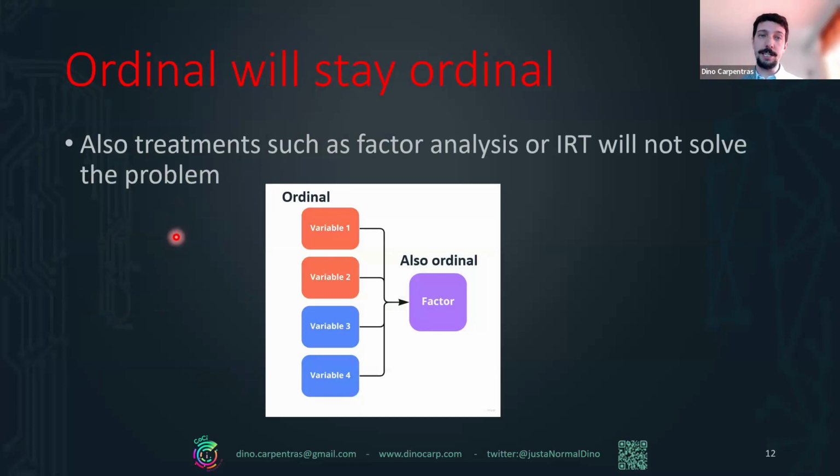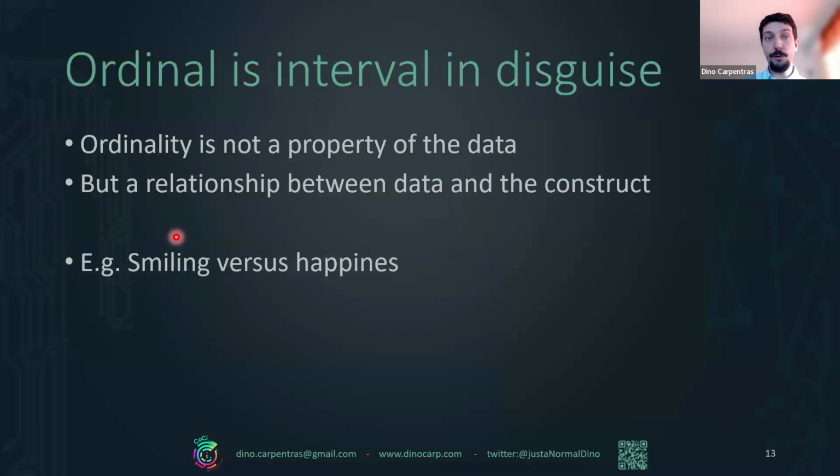If your original data are ordinal, they will stay ordinal even when you process them and you get some very fine-tuned numbers. And this is for the following reason: ordinality is not a property of the data, but a relationship between the data and what you want to measure.